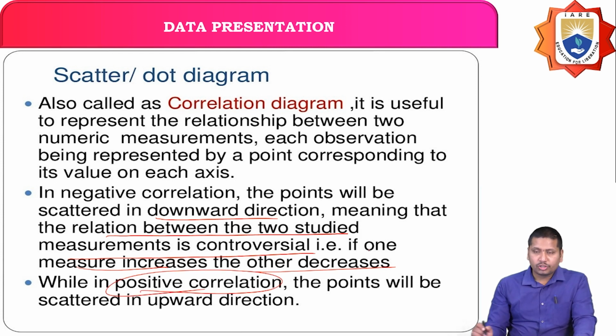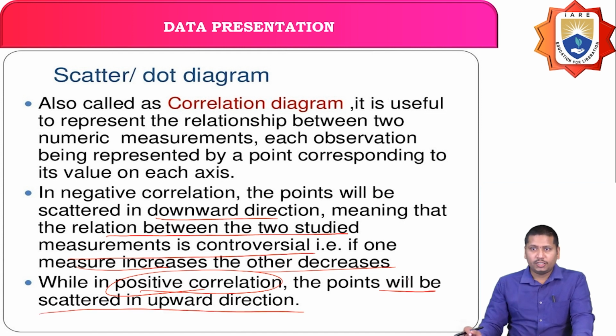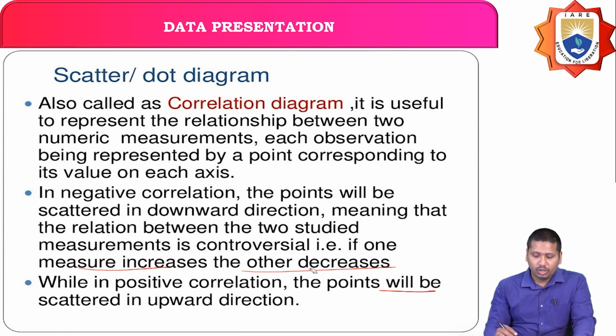When it comes to positive correlation, the points will be scattered in an upward direction. That means if one measure is increased, the other is also increased.